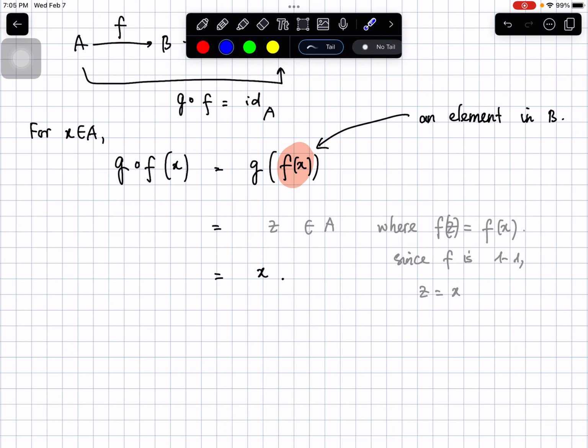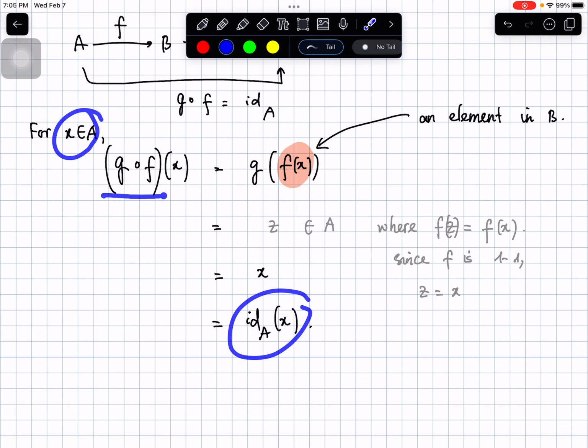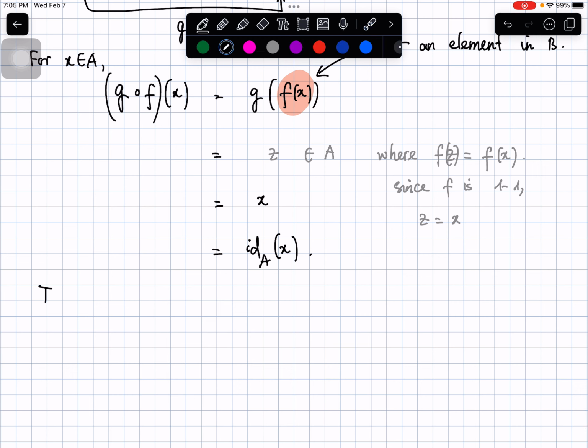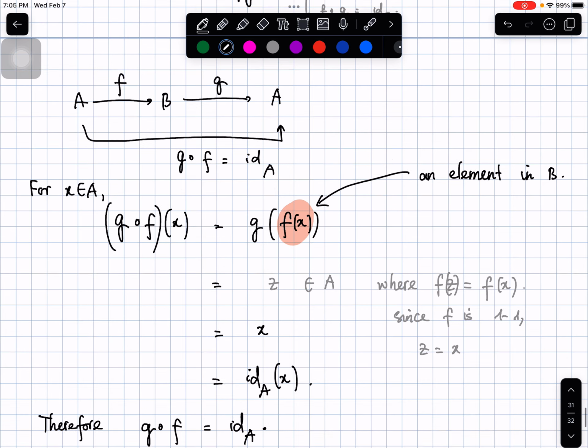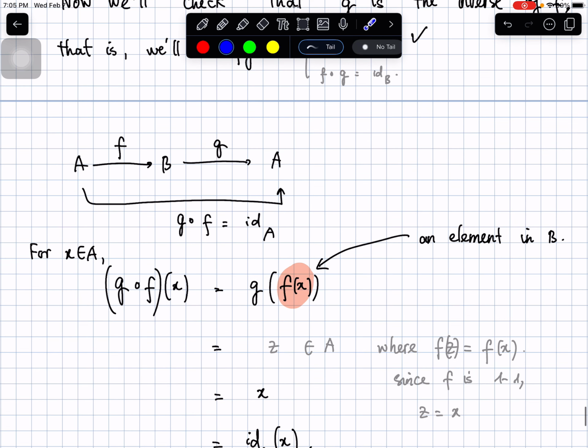This means that g dot f of x is the same as the identity on A of x for all x in A. Therefore, we know that g dot f must be the identity on A. So the first condition is good. We do similarly for f dot g equal to the identity on B.